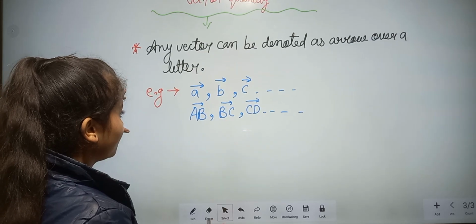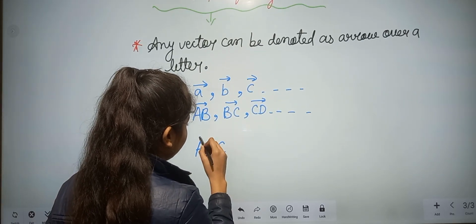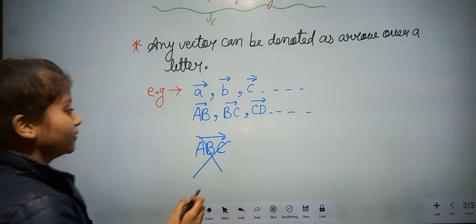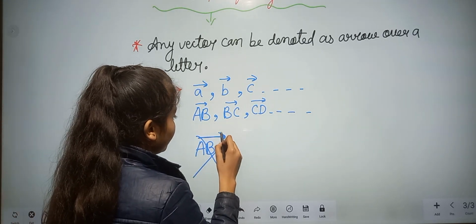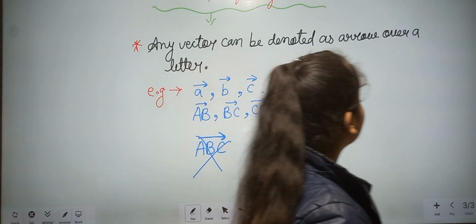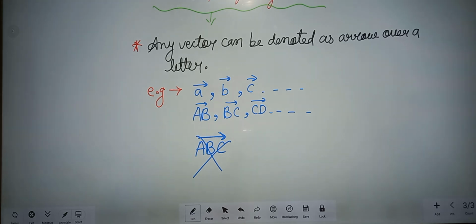But we cannot write like this, A, B, C without an arrow, because we cannot represent a vector this way. This is the example of an arrow over a letter to denote any vector quantity.